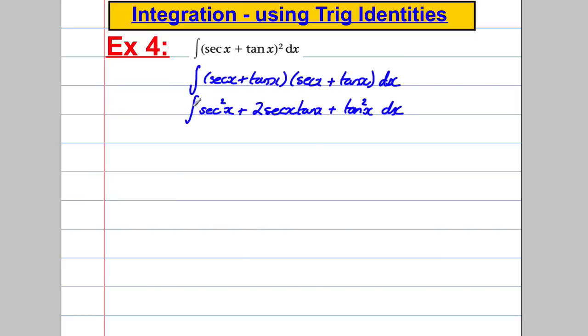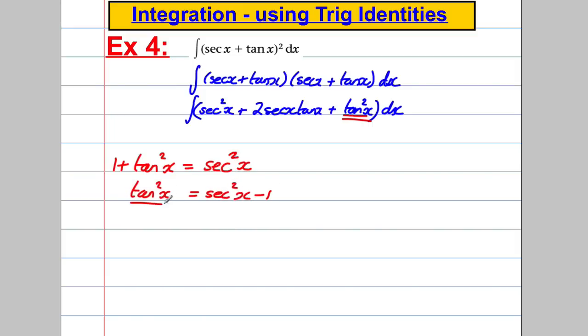Now, do I know any identities with sec squared and tan squared? Well, I know that 1 plus tan squared x is equal to sec squared x. I don't know how to integrate tan squared, but I can replace it with some form of sec squared. So tan squared x is sec squared x take away 1.